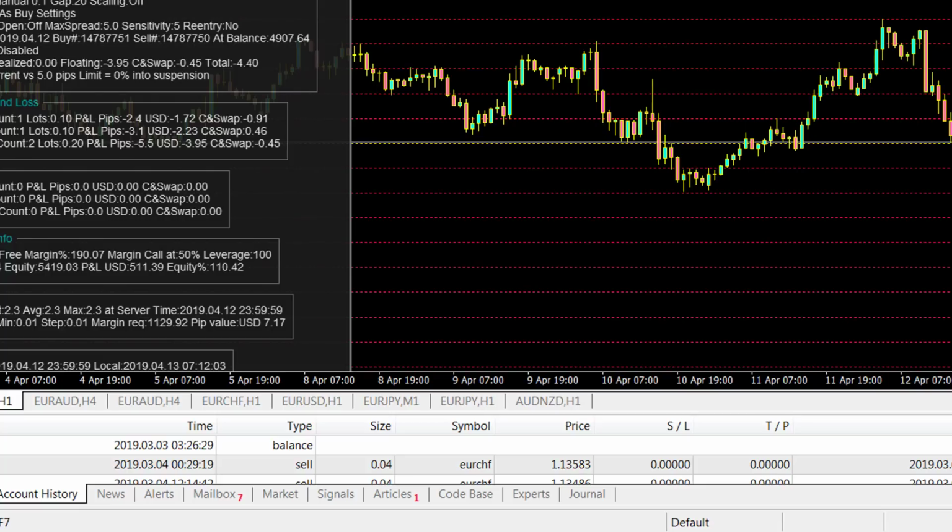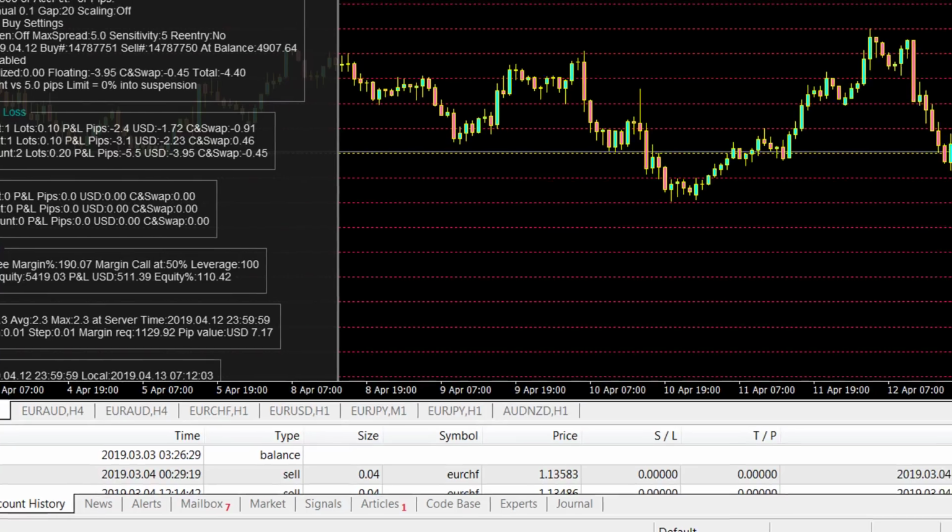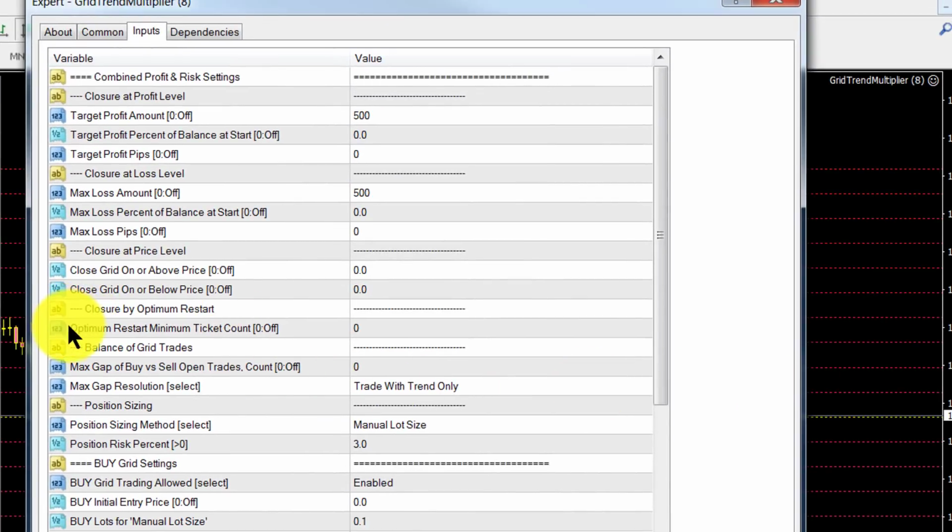So I'll just go in there, look at the settings, and the first one is optimum restart minimum ticket. So the first new setting is an optimum restart setting. What that means is that should you have, for instance, 10 open buys and 10 open sells, and the price is right in the middle of those two, so you've got 10 above and 10 below, that is a situation where you've actually locked in a loss environment.